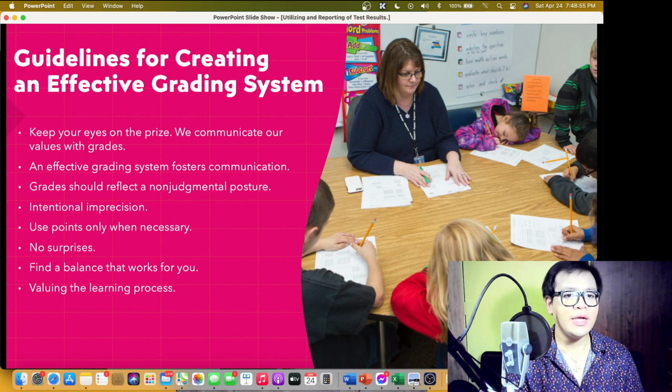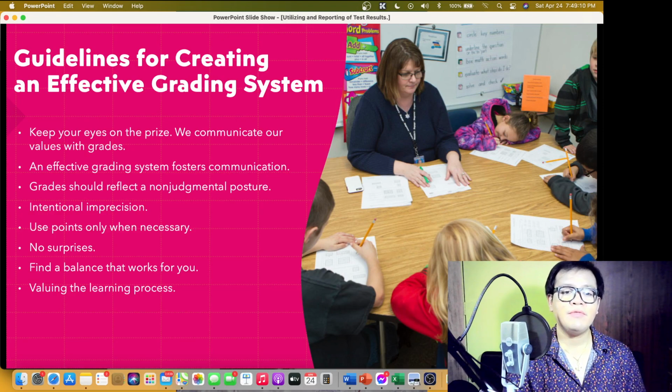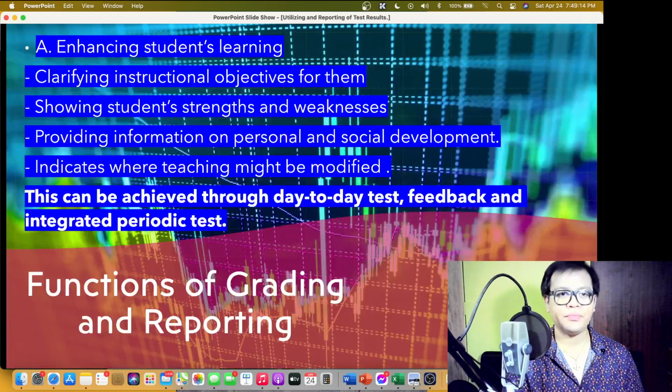So it's also very effective in a grading system to foster communication. Grades should reflect a non-judgmental posture, intentional precision, use points only when necessary, and no surprises. Find a balance that works for you and value the learning process as well. So, the function of grading and reporting.